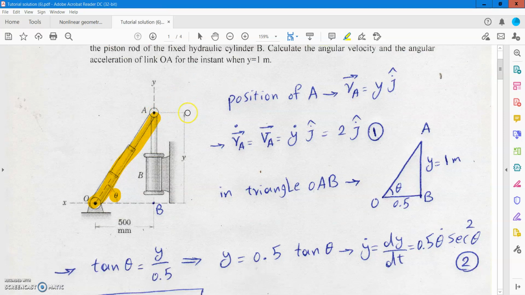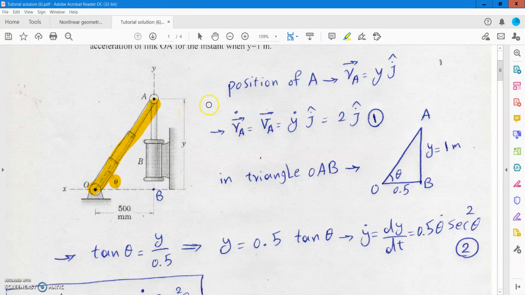But the second method that I used here is using the geometry and the relation between the edges in triangle OAB. For this purpose, we can write the position of A, RA, which is equal to y times j.